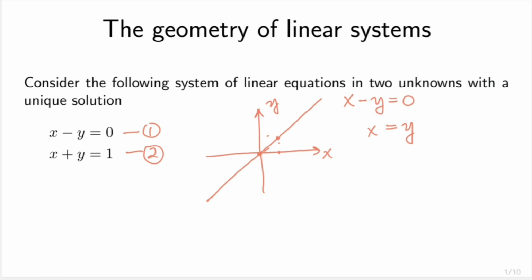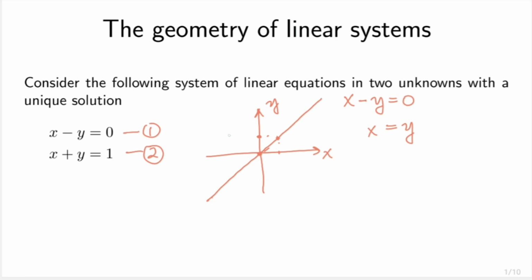Now we can plot this line also, x plus y equals 1, with the same method. Here we can say, okay, what happens when x equals 0? When x equals 0, we have y equals 1. So the point 0, 1 is on the line.